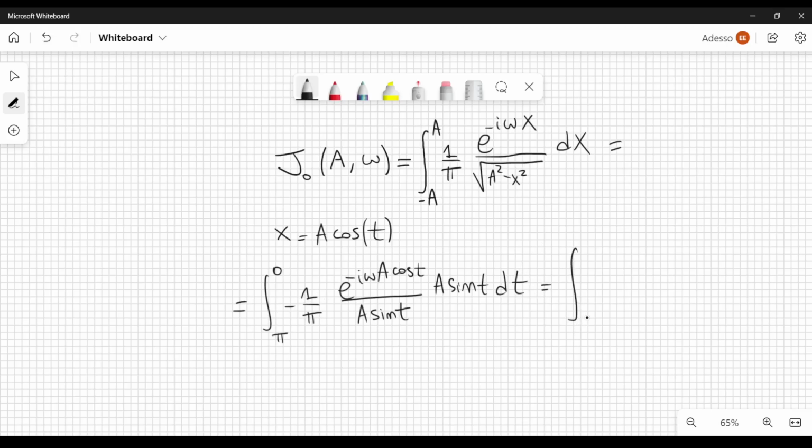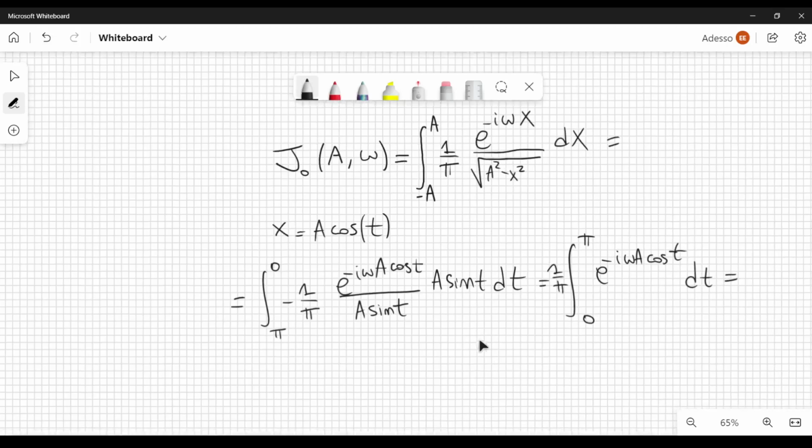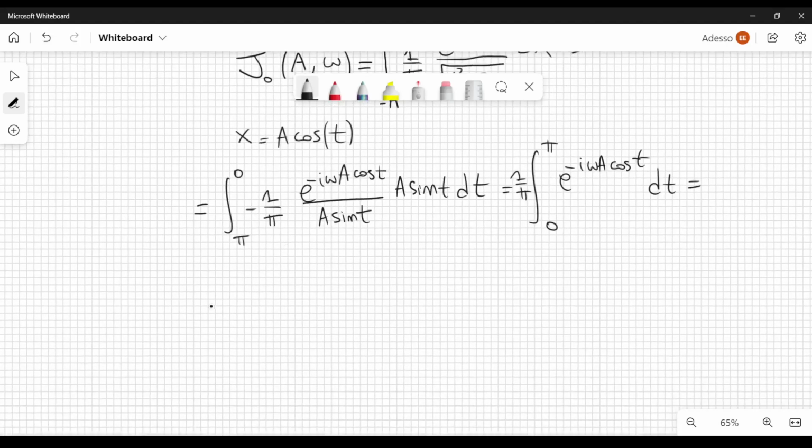It is equal to integral from 0 to pi. Let's put 1 over pi here, and then I have e to the minus I omega a cosine of t dt, like this. Now what we are going to do is we are going to expand the complex exponential, so we can rewrite that by using a series representation of the complex exponential.